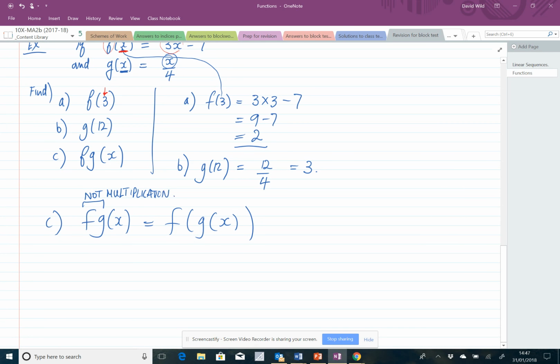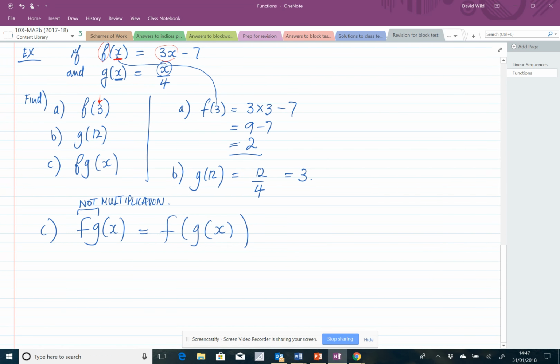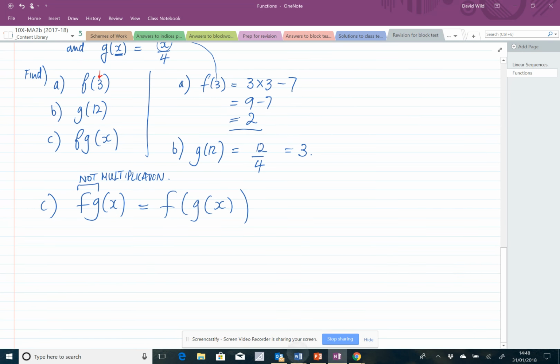You remember in class when I got people to stand up, and I had one boy who was the machine called f, and his job was to multiply the input by 3 and then subtract 7. And then we had a composition where we got 2 of you to stand next to each other, and you whispered in one ear a value of x, and then that got passed on to the next function, making it a composite function. That's how we do that.